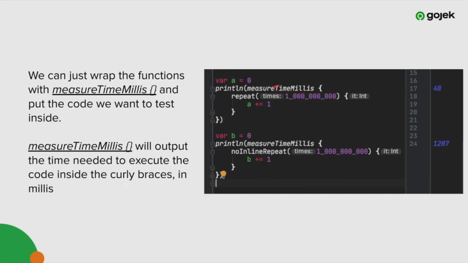So you wrap everything that you want to benchmark using measureTimeMillis here, and you print it. After you print it, it will output the result, the time needed to run the function here. So for example, 1 trillion times of a plus equal 1 will take 48 millis. And then this no inline repeat, b plus equal 1 for 1 trillion times, will take 1207 millis.